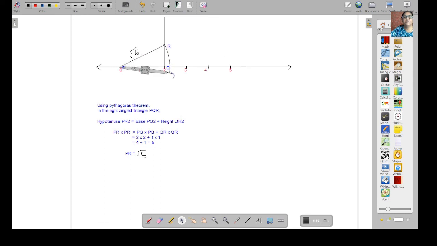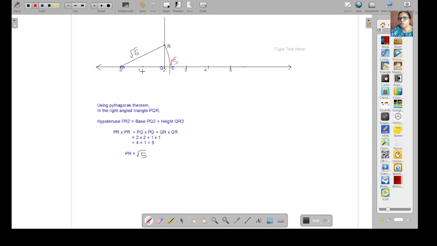Draw an arc on the number line. Now this length is equal to root 5. Mark that point as S. So PS is equal to root 5 units. So this is the way to draw root 5.